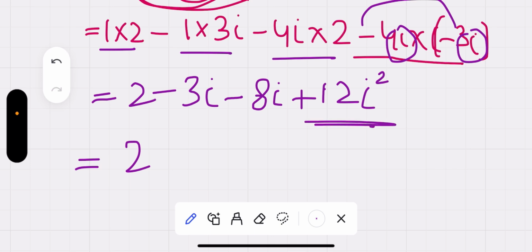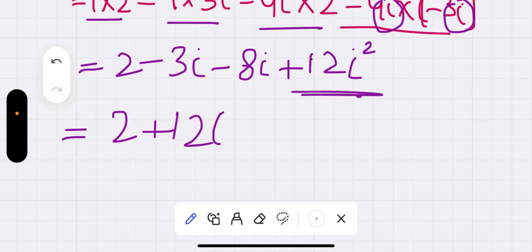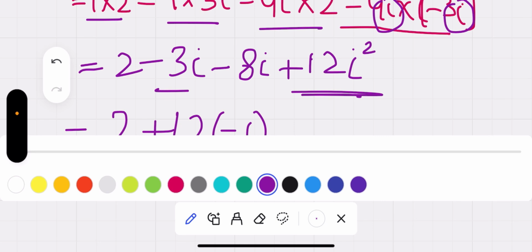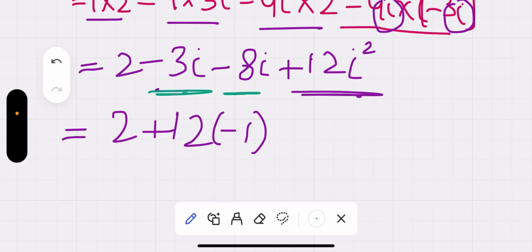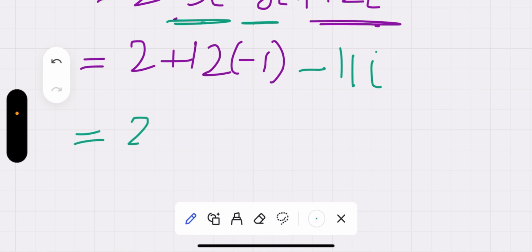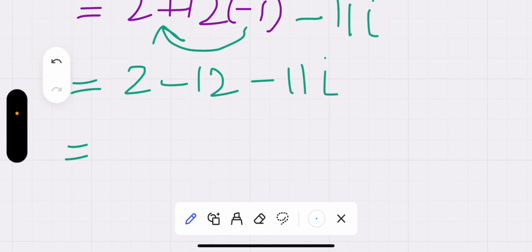This will be a real part, so we shall write here 12, and iota square is negative 1, so here negative 1, and then we have negative 3 iota and negative 8 iota, which is negative 11 iota. We have 2, and this minus sign will be multiplied with this positive sign, so minus times plus is negative 12, minus 11 iota. Okay, 2 minus 12 is negative 10 and negative 11 iota. So this is the answer.